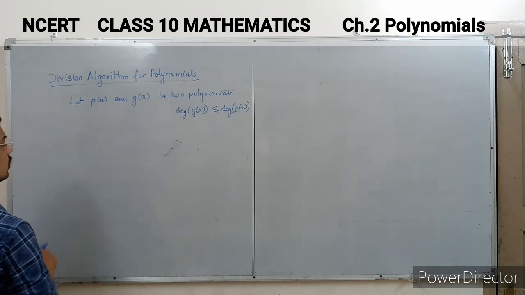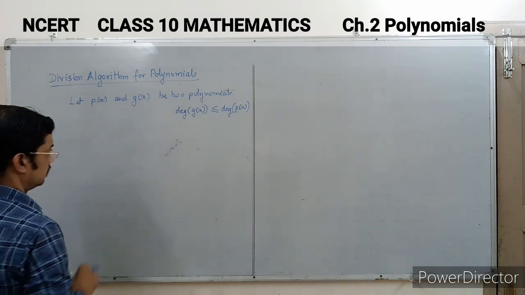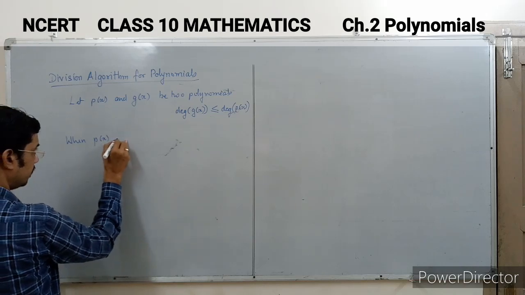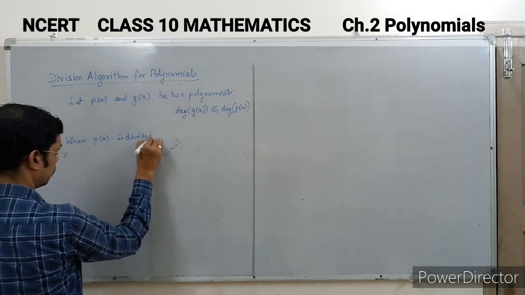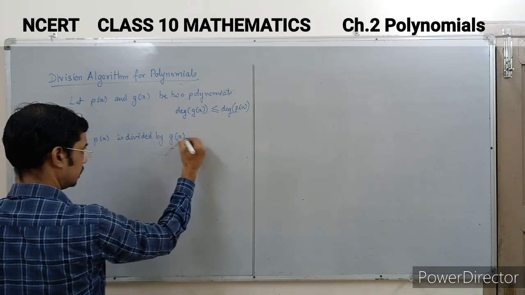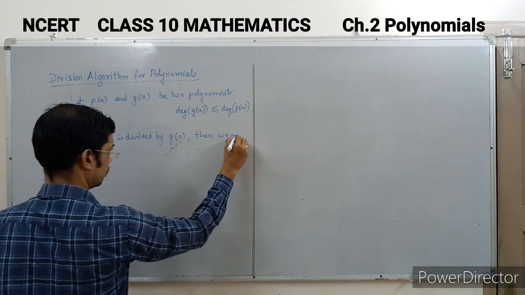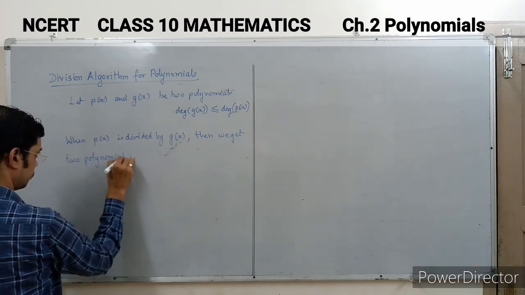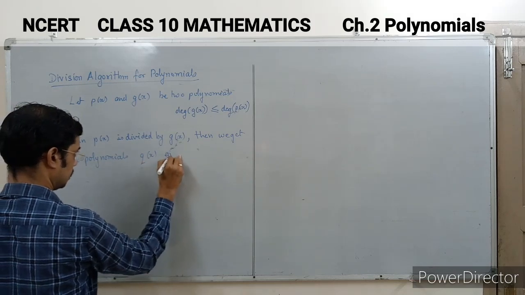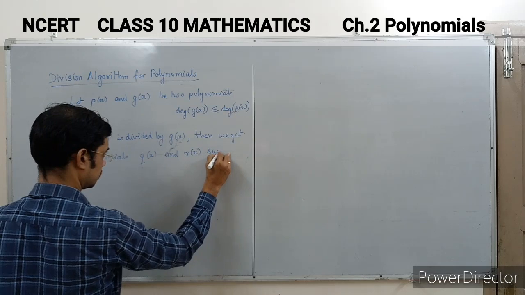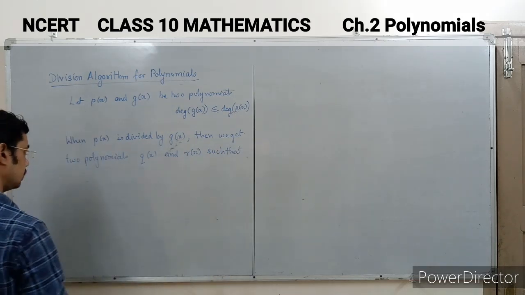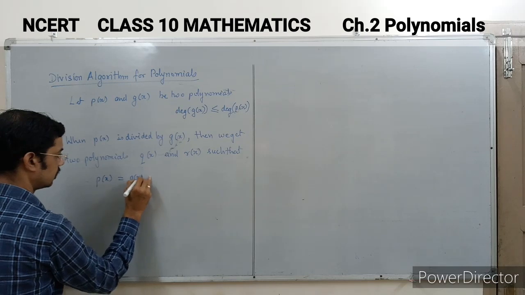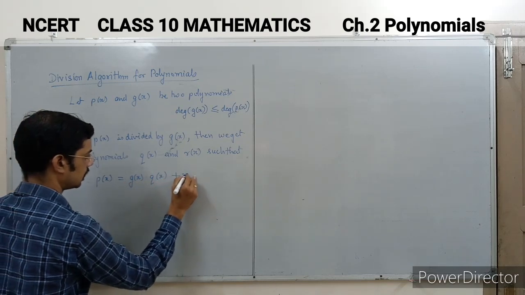Now let us observe what happens. When p of x is divided by g of x, we get two polynomials, q of x and r of x, such that the original polynomial p of x can be written as g of x into q of x plus r of x.